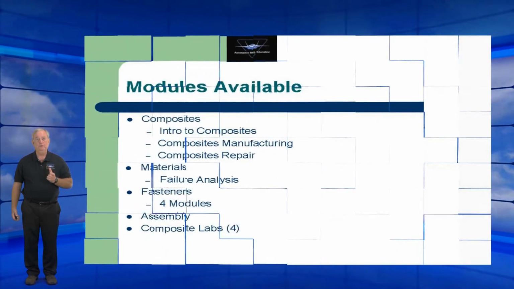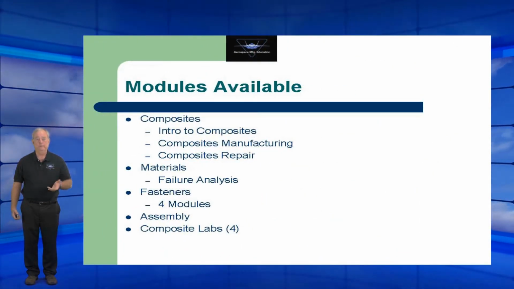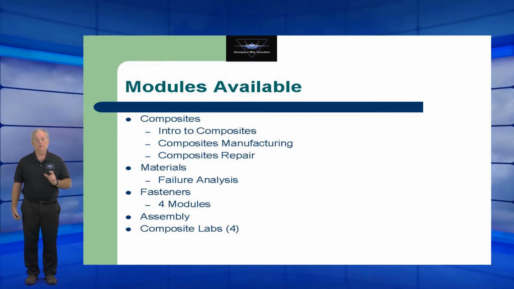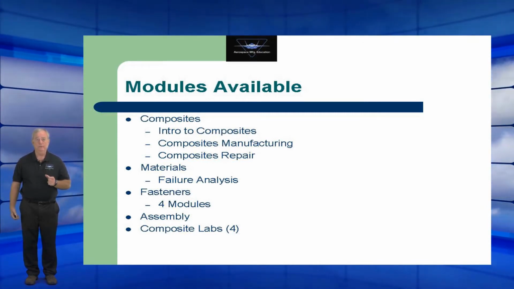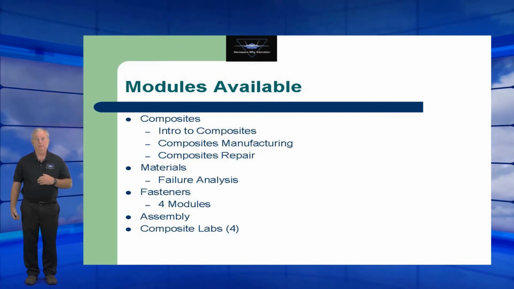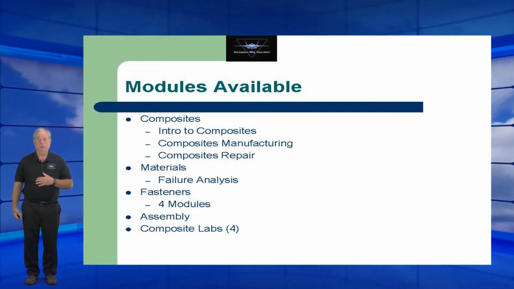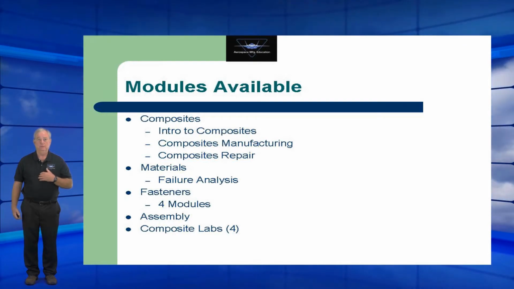To give you a feel for what sort of materials we have available out there, this is a list of our current modules. We probably have another 10 to 15 modules in the works, and they'll be out sometime in 2012.